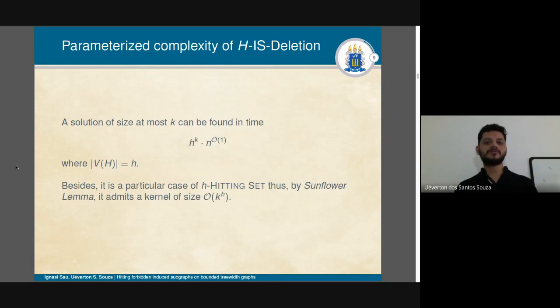From the parameterized complexity point of view, taking k, the size of the solution, as a parameter, we know that the problem can be solved in FPT time using a bounded search tree. Besides, for a fixed H, this is a particular case of hitting set. Then, by the sunflower lemma, we have that the problem has a polynomial kernel.